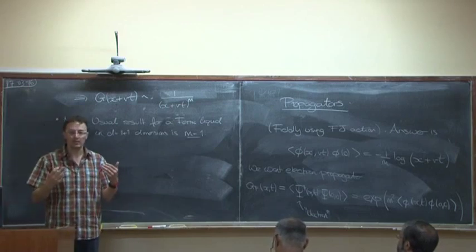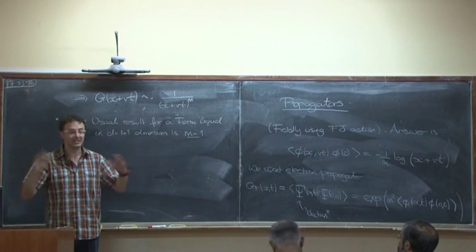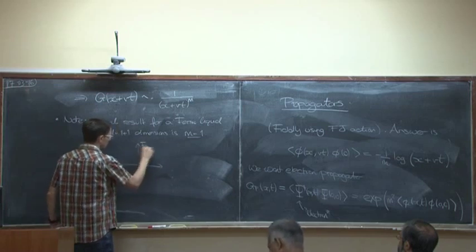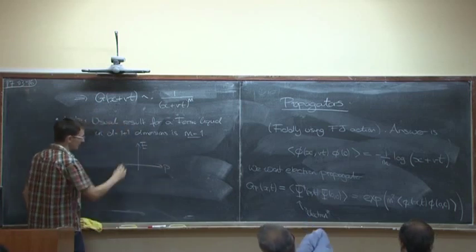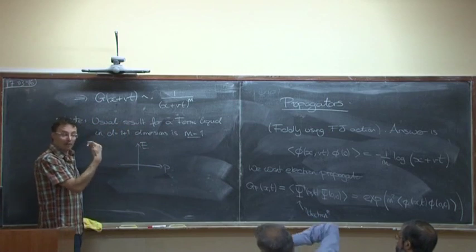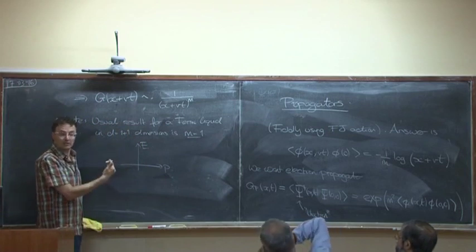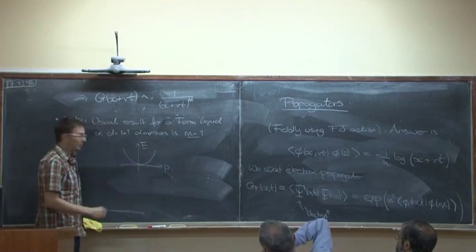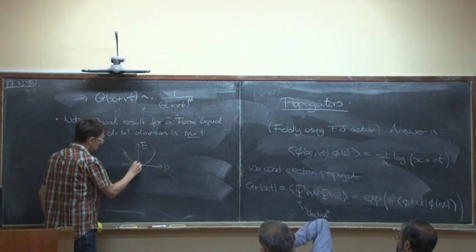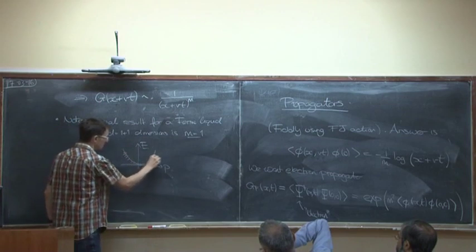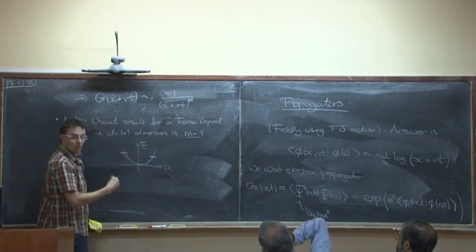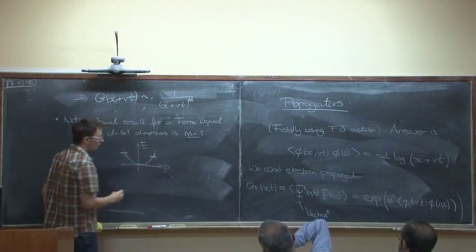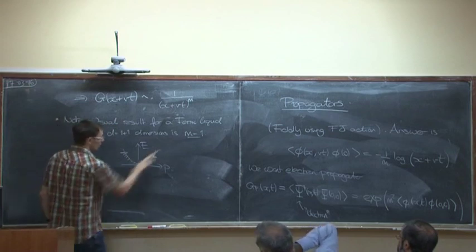Think about Fermi liquids in 1 plus 1 dimensions, or Fermi surfaces in any dimension. In 1 plus 1 dimension, this is the energy, this is the momentum. It doesn't matter whether you have relativistic fermions or non-relativistic fermions to begin with. And suppose you've got non-relativistic fermions. You fill up the Fermi sea, and what you have at the end of the day here are the excitations of basically a relativistic fermion that goes that way.